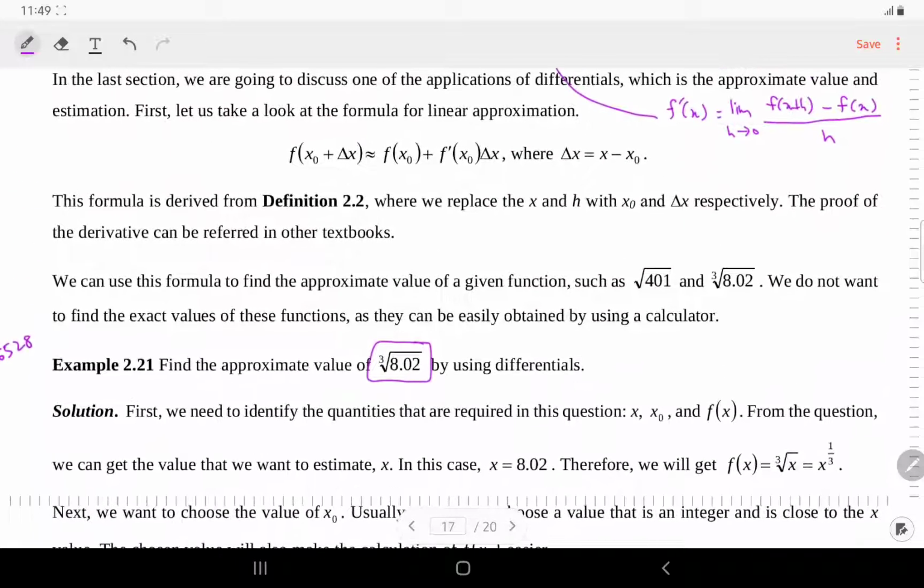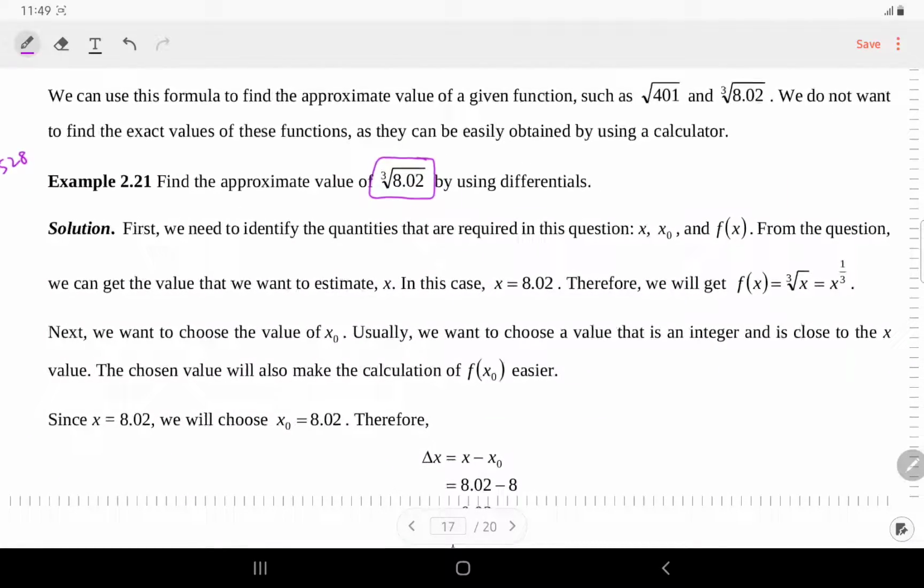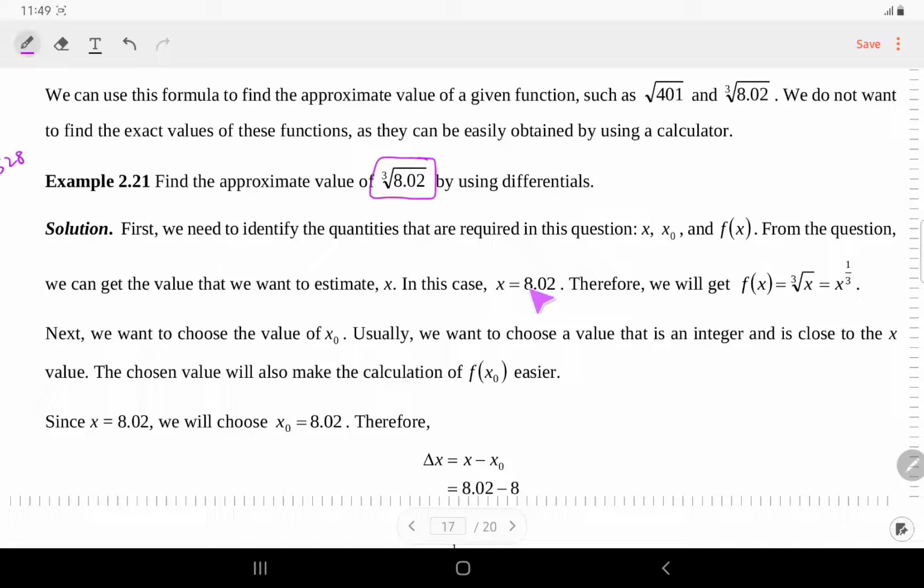So if we are using this formula, we need to determine what is our x, what is our x naught, and what is our difference x. In this case, our x is 8.02, which is this term that is given here.